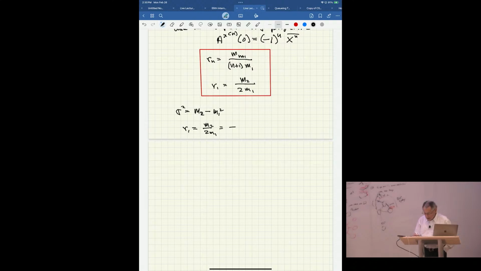You can write m2 as m2 minus m1 squared, I'll give back what I just took away in a moment, over 2m1. Add back what I put in there, which is m1 over 2. In other words, I added in this term, which is just m1 over 2, and I gave it back.